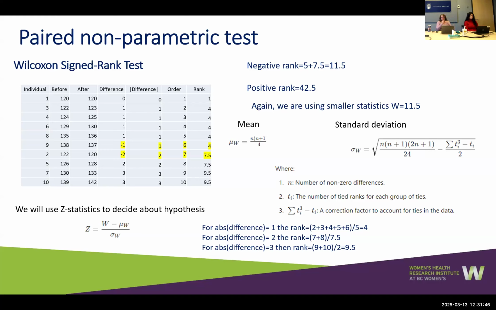After that, the same as before, we calculate the rank sums separately for the negative and the positive differences. Based on my calculation, it's 11.5 and 42.5. Again, we're using the smaller statistic, called the W statistic here, so we're going to use 11.5 for our future calculations.